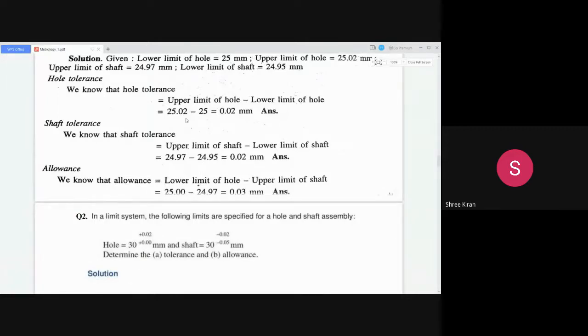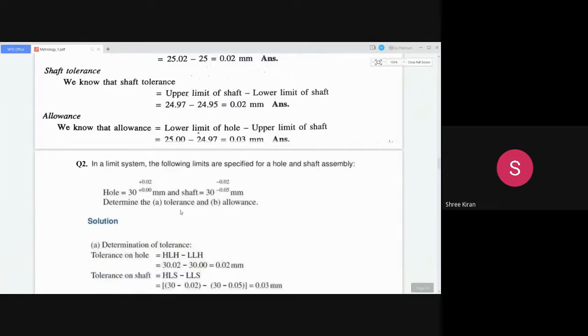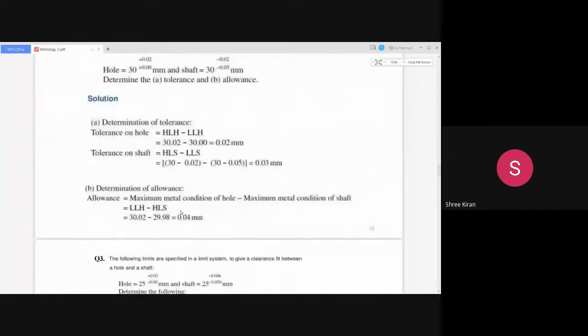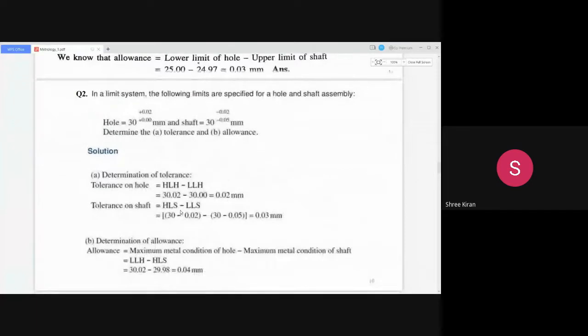Now, everyone note down the second problem. Note down the second problem.